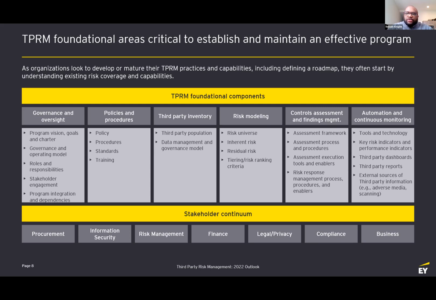The last pillar here is around automation and continuous monitoring. The first five pillars are your governance and the process that you have here. Once you have that built out, how can you leverage technology and automation to make your process more effective and user-friendly, and really get the most out of your program? Once you have that process in place, you can find technology and tools that are really going to make your program a lot more effective, efficient, and consistent across the board.